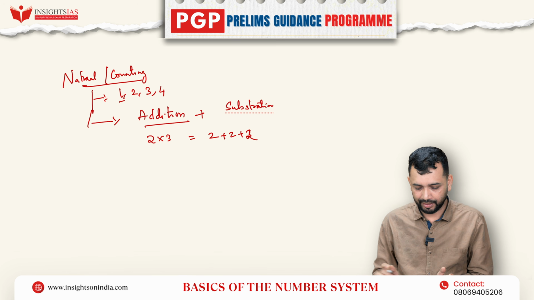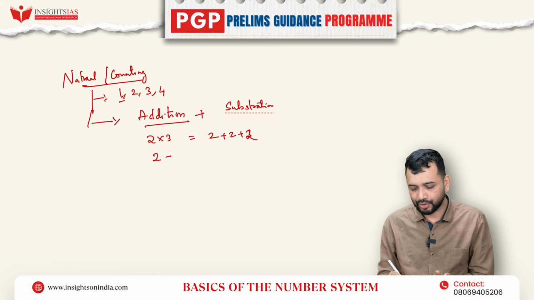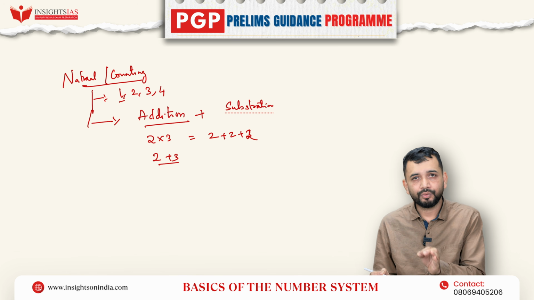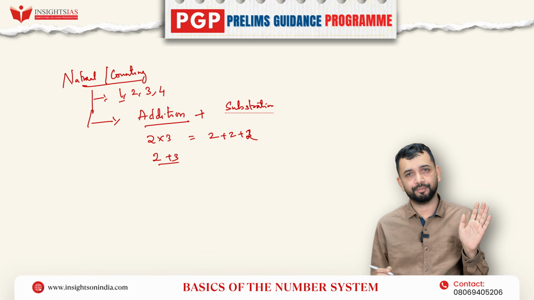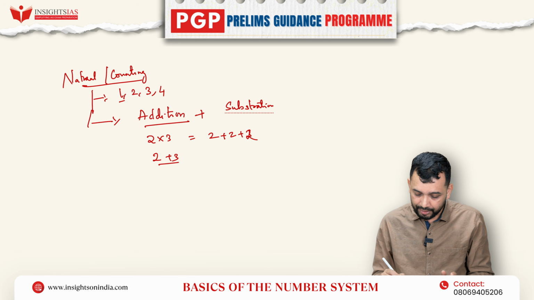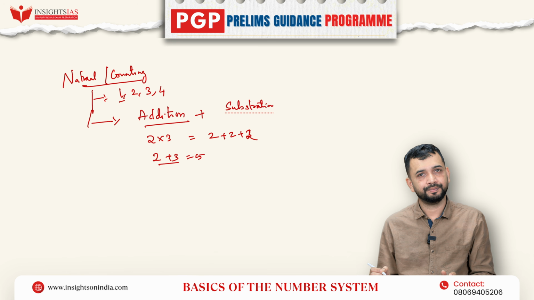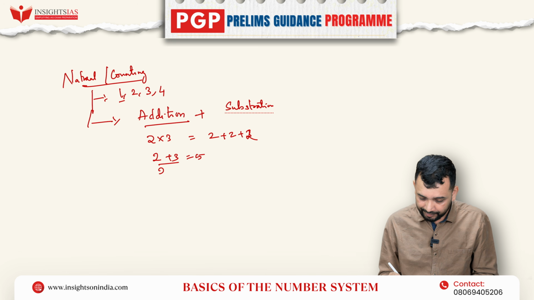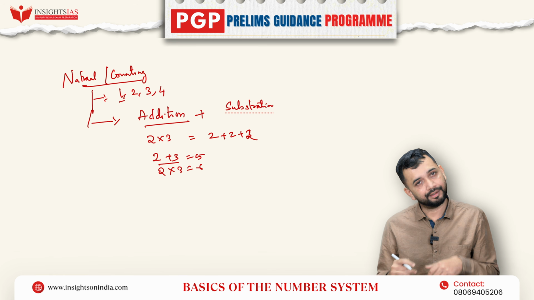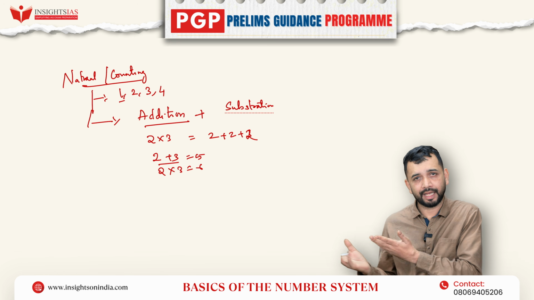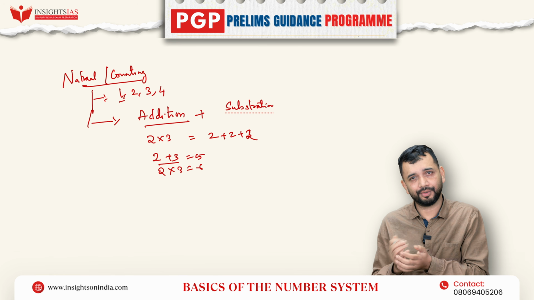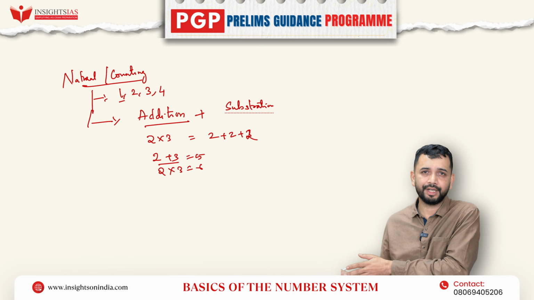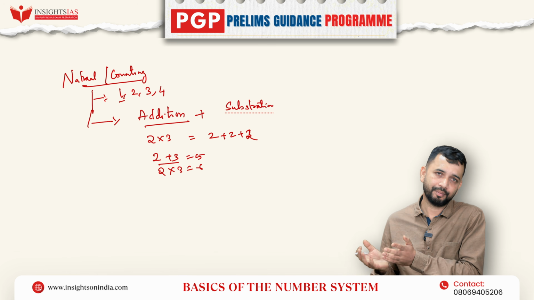Keeping that in mind, when you add any two natural numbers, the answer will also be a natural number. 2 plus 3 is 5. If you multiply any two natural numbers, say 2 into 3, it is 6, also a natural number, because multiplication is successive addition. So if it holds for addition, it also holds for multiplication.